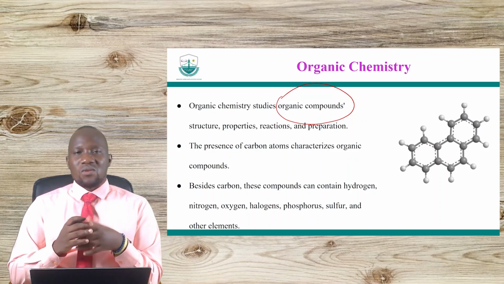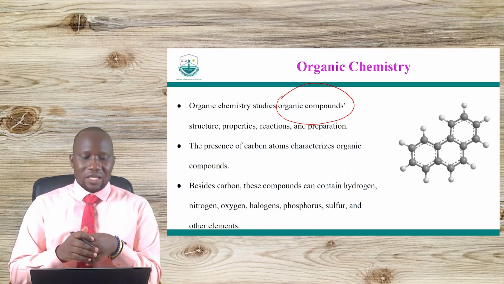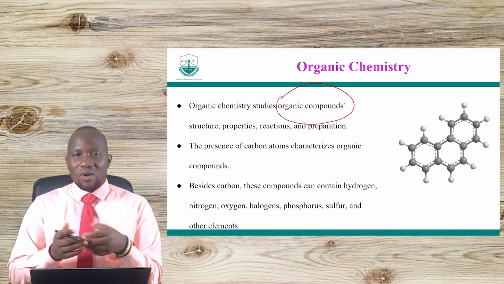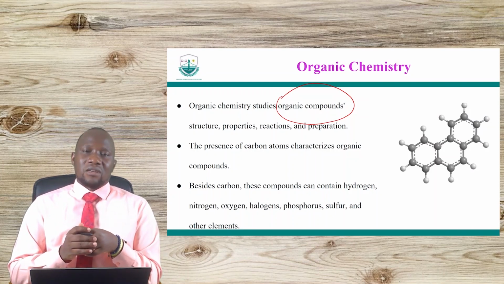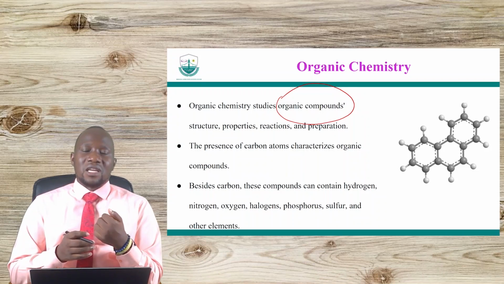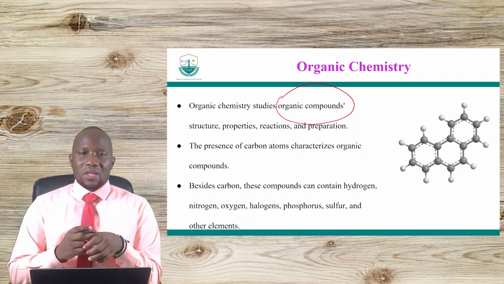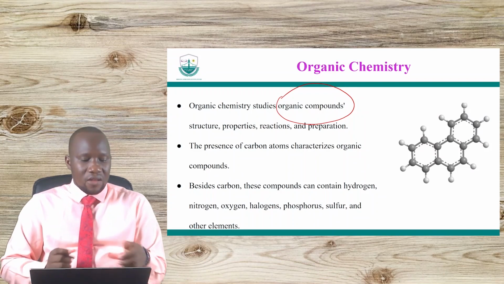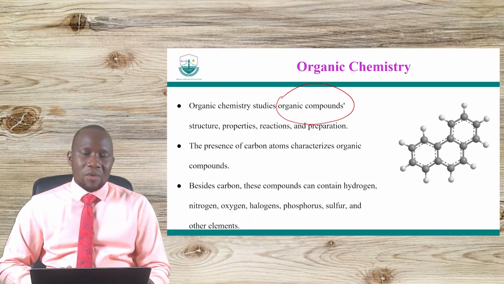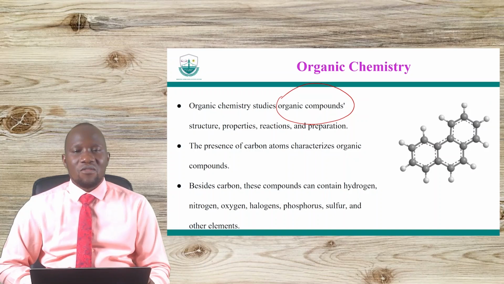So we call them organic compounds. The proteins, the lipids, and also the carbohydrates, those are organic compounds. But of course, we have several organic compounds that we shall look at in this study.